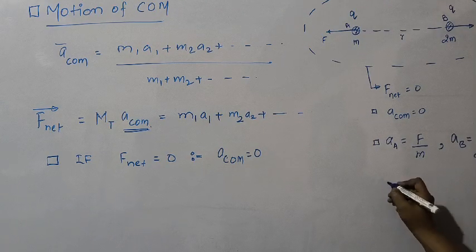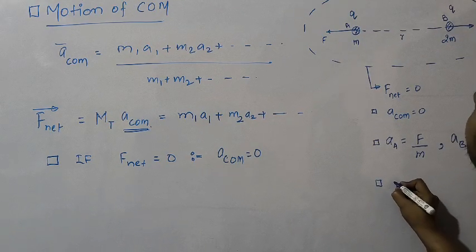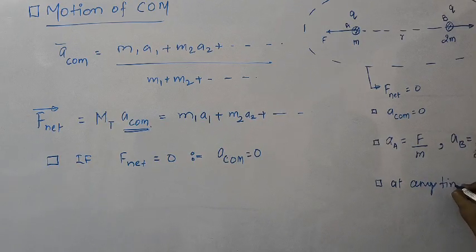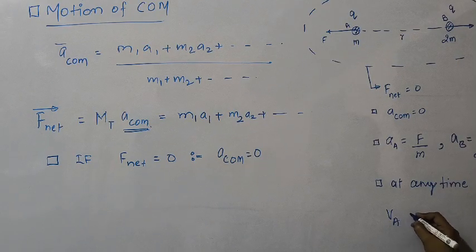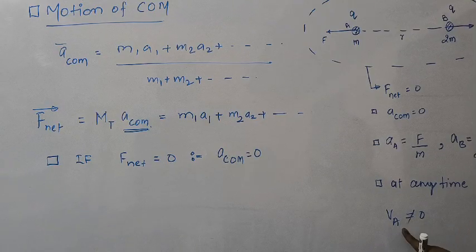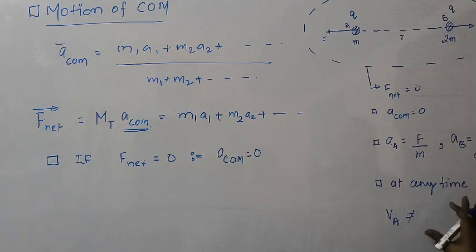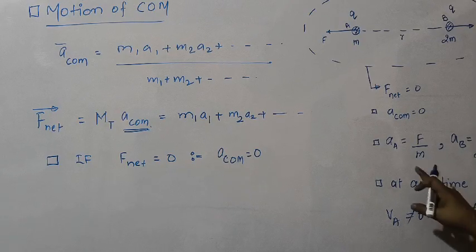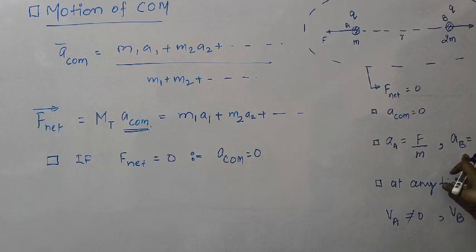So at any time t, if I want to write the velocity, Va will not be equal to 0 and Vb will also not be equal to 0. So Va and Vb are not constant and they are non-zero values. Acceleration is also a non-zero value.